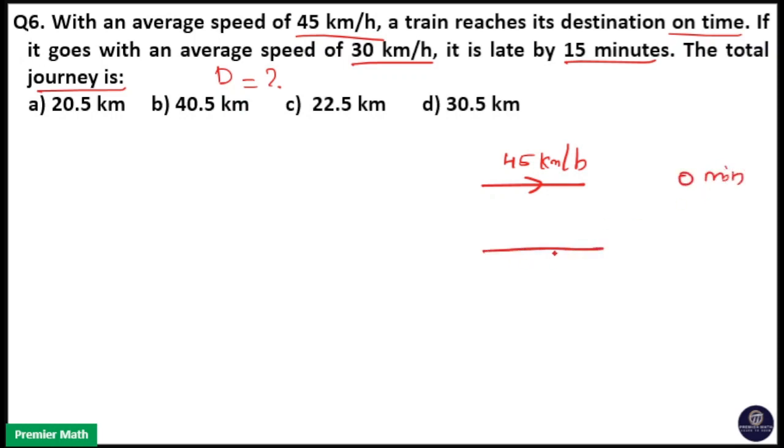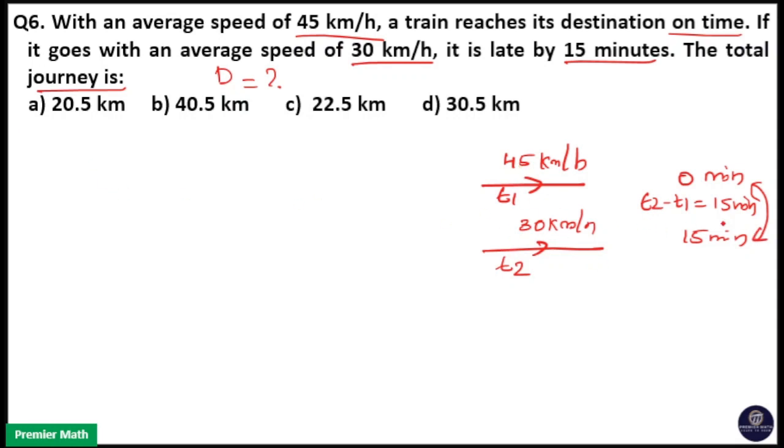But when it travels at a speed of 30 km per hour, it is 15 minutes late. That means if time taken for traveling at 45 km per hour is T1 and time taken to travel at 30 km per hour is T2, then T2 minus T1 is equal to 15 minutes. That is, time difference is 15 minutes.